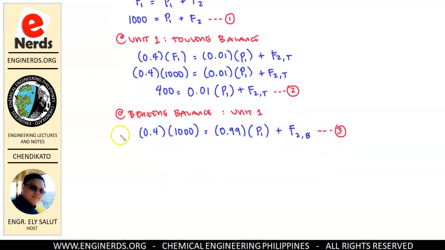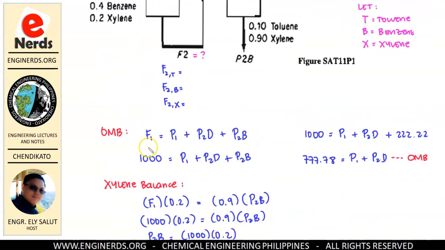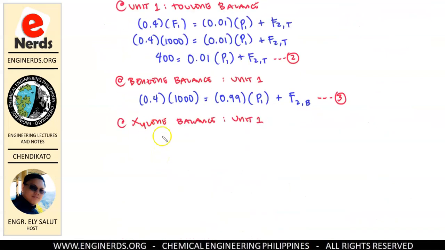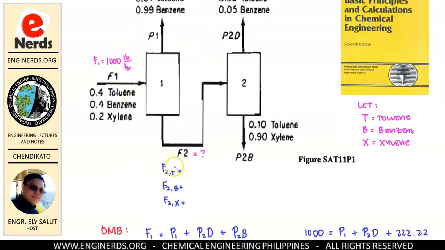Alright, now let us do xylene balance in unit 1. So how much xylene do we have in F1? We have 0.2 of xylene. So we have 0.2 times our F1, which is 1,000. This is equal to, since walang xylene na lumalabas sa P1, lahat ng xylene natin lumabas sa F2.